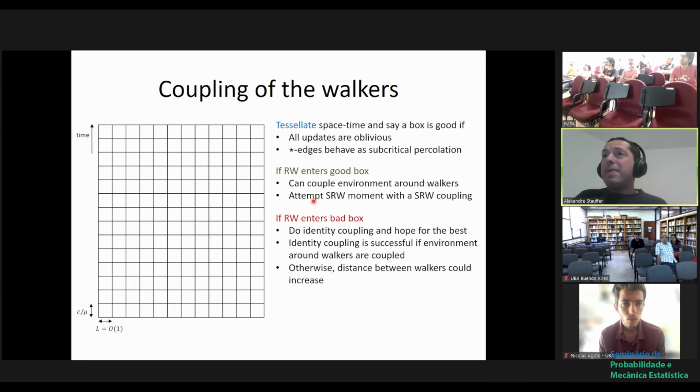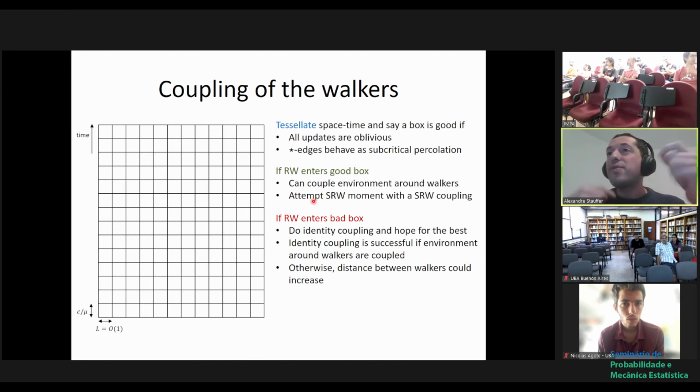The problem is what happens when the walker enters a bad box, right? When the walker enters a bad box, then all hell breaks loose. You don't know what's going on in a bad box. They're just bad. And what I would like to do is just do identity coupling and hope for the best. That is, I try to make the two walkers do the same jumps, because if I do this, then I at least guarantee that the distance between them does not increase in a bad box.